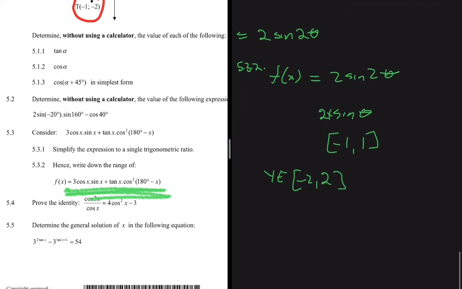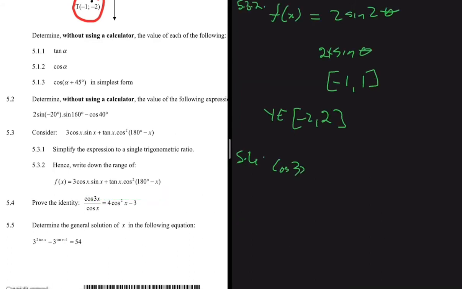And then we can move to 5.4. Cos 3x divided by cos x is equal to 4 cos of 2x minus 3, right? So the rule of thumb when you are solving trig identities is to pick the most complicated side, and from the most complicated side you reduce it so that you get the simpler side.